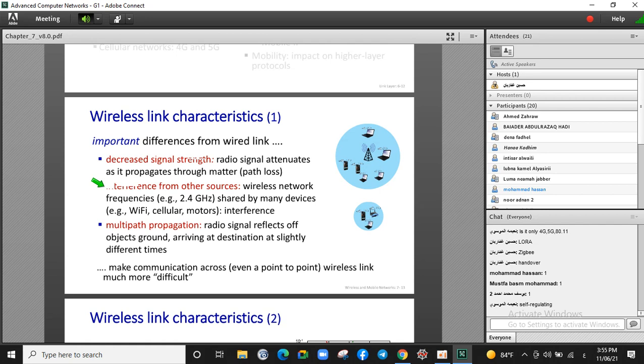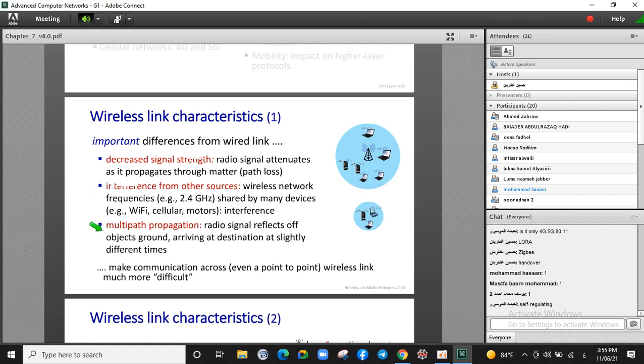So I should be aware of the interferences between different sources of wireless links.